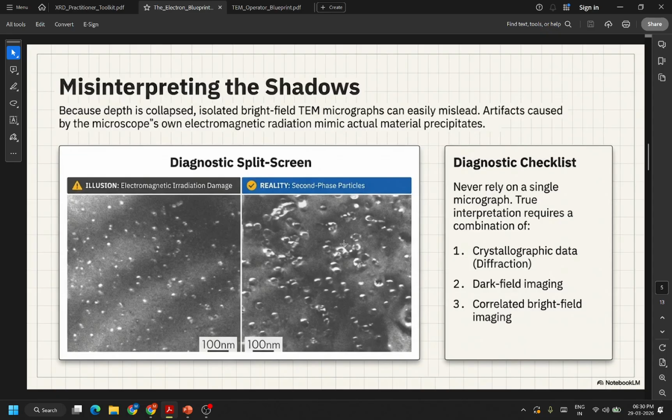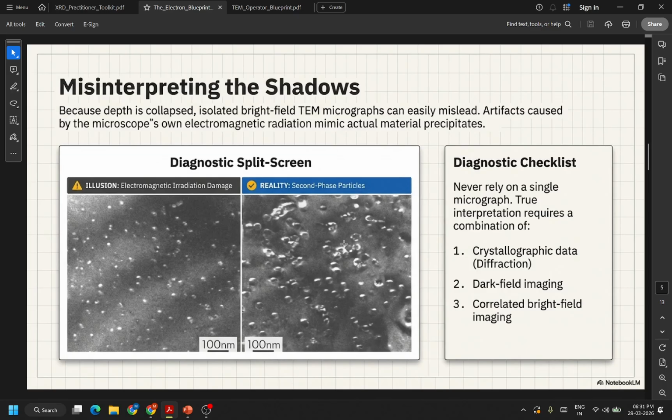And due to this, sometimes bright field TEM micrographs can be misleading. From the microscope's internal electromagnetic radiation, we can get some spots on our TEM readings, which we can mistake as coming from our material.